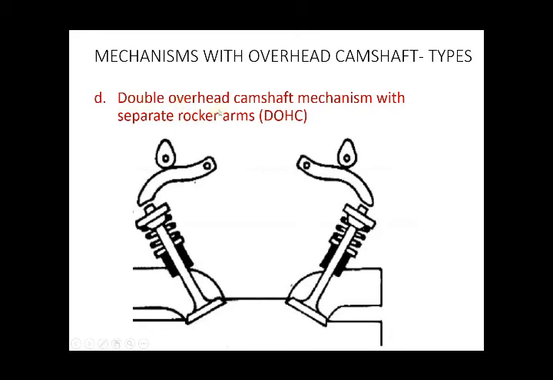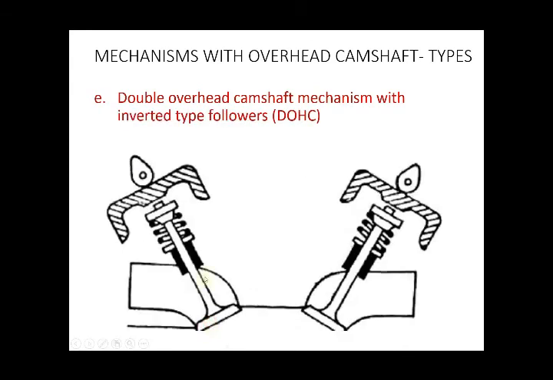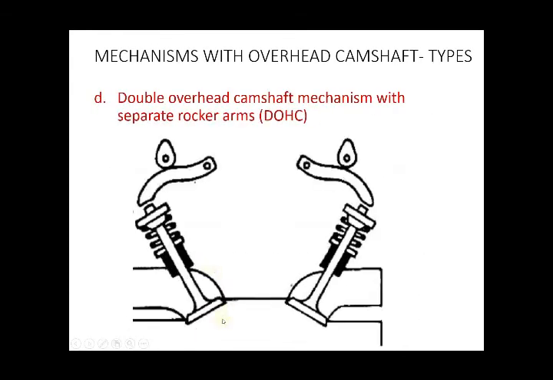So the fourth mechanism, as we were telling, is the double overhead camshaft mechanism with separate rocker arm. Here we have separate rocker arms for each of the valves. The functioning is just the same. When the cam lobe touches the end of the rocker arm, it will push the valve downwards and it will open up the valve.